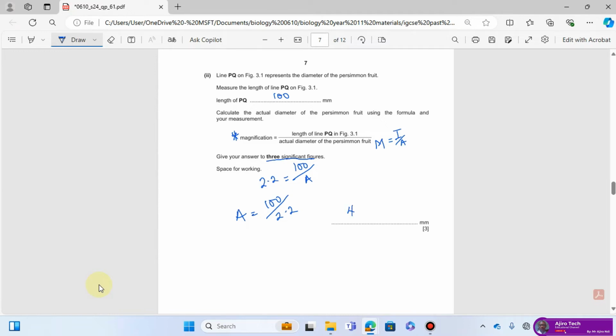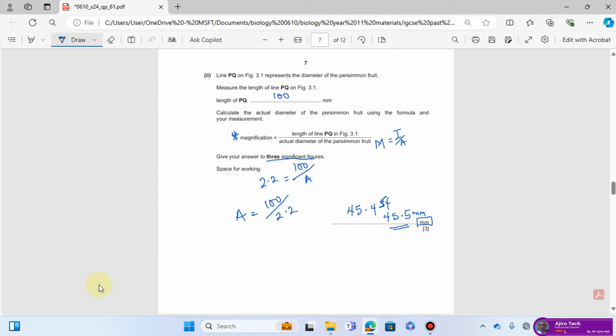Let's say you have 45.454 as the original answer. To three significant figures, we now have 45.5, and that's three significant figures. All right, now you don't need to repeat millimeters because they've already given you that here.